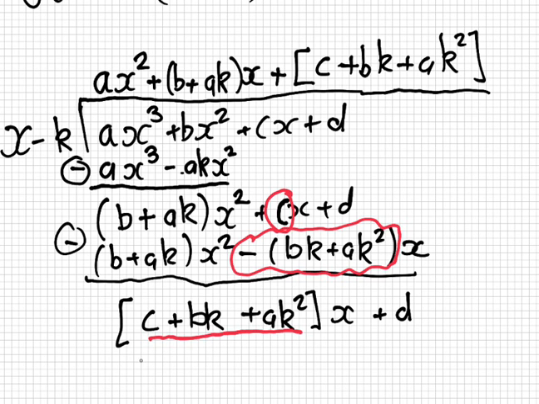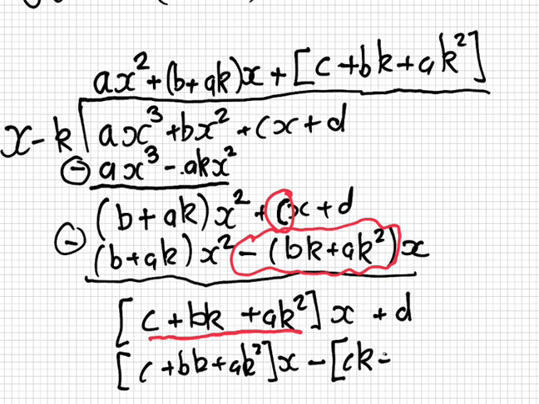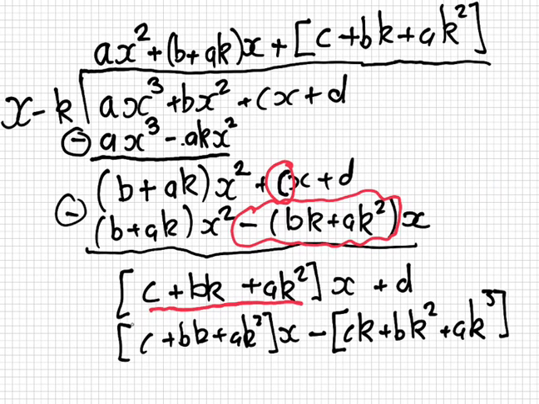So I multiply and I get (c plus bk plus ak squared)x minus, and I'll multiply the k in, ck plus bk squared plus ak cubed. And again I subtract.